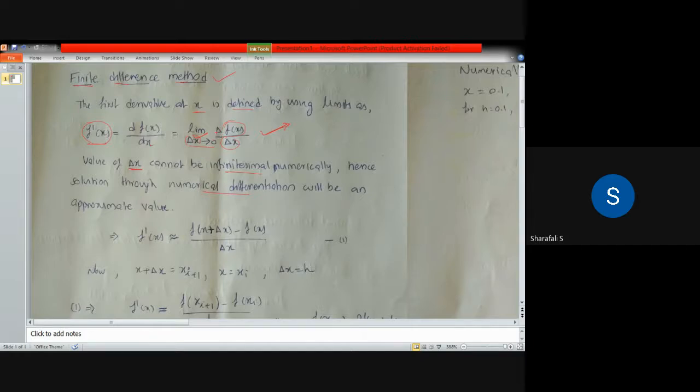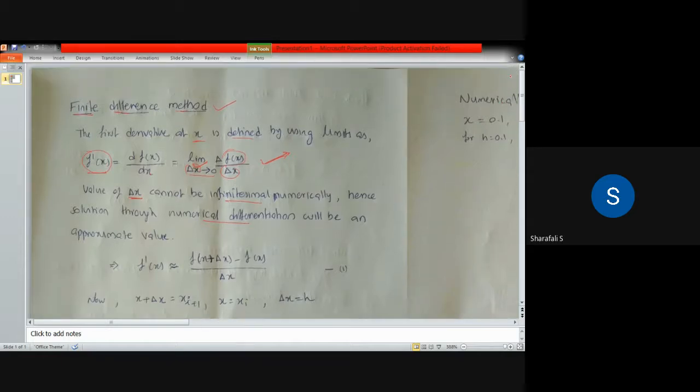We can represent this graphically. Consider this y axis as your f of x, and this is the x variation on the x axis.